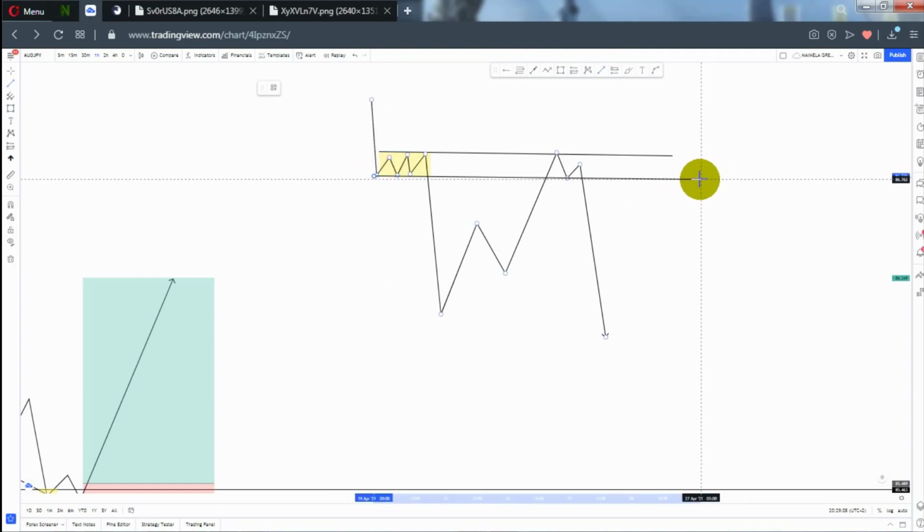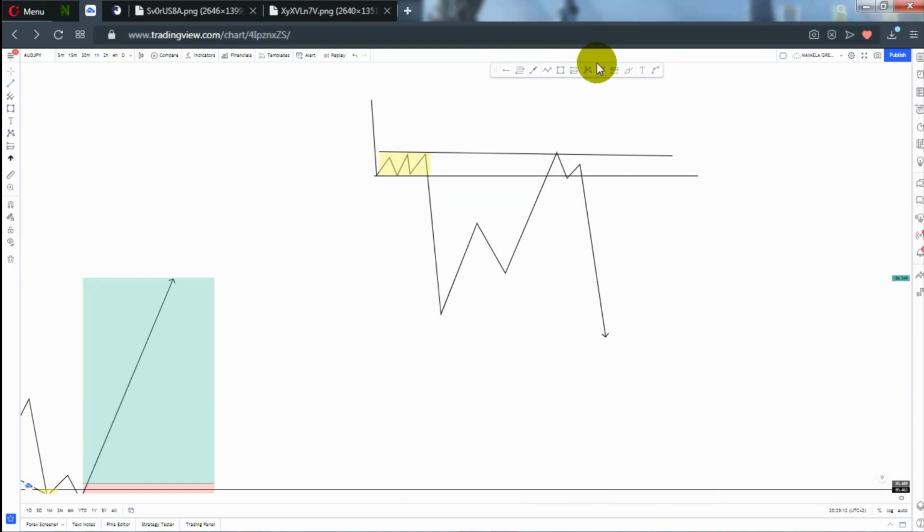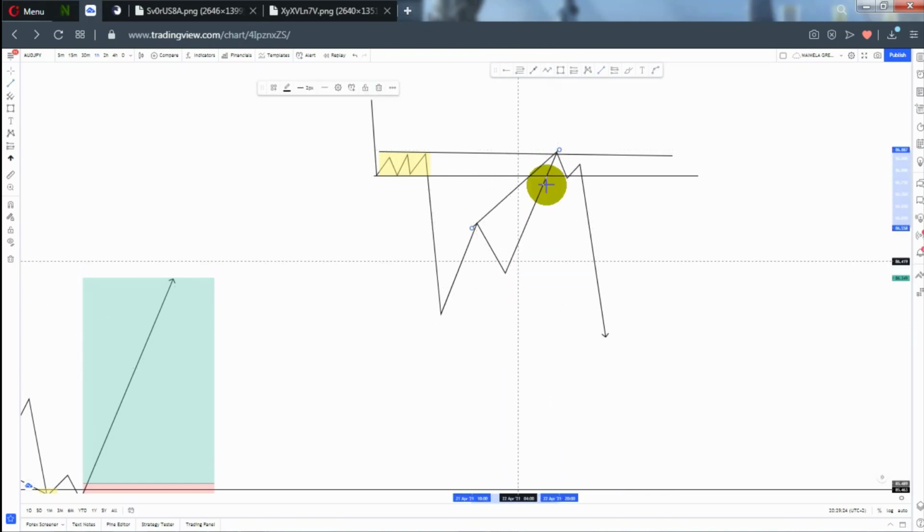This is your reversal zone here. From there you had the first pullback. Maybe the price is somewhere around here, rising. Then you mark your second reversal like this. Then you wait for the market to approach this level, meaning that you're not going to sell anywhere in the middle of this trend here. You just have to wait until the market reaches your supply level.